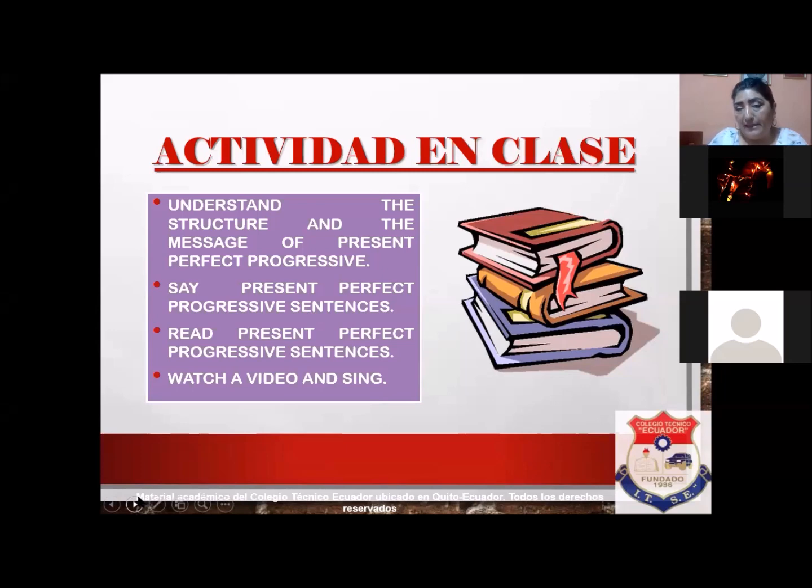And the rest of the class, please write your own example in your notebook, okay? Right now, you write. After that, we are going to read the present perfect progressive sentences, okay? And at the last, we watch a video, okay?